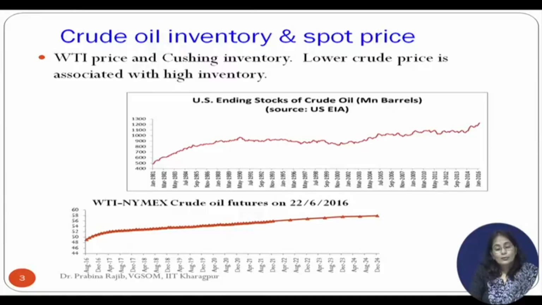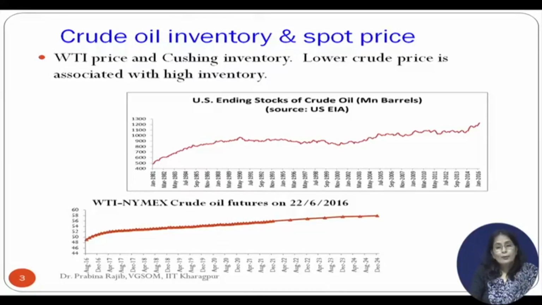And in case of a backwardation market, when the underlying commodity has supply constraints or is not available enough, then the market exhibits backwardation.